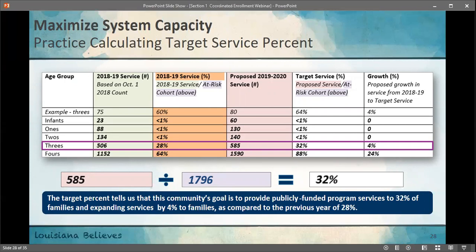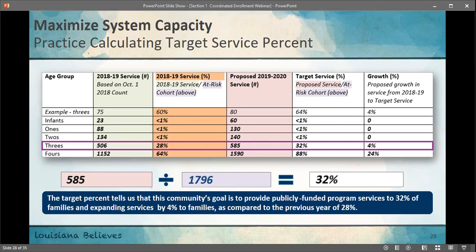Once through the planning process you have identified that number, you take this number. So say we're working with the same network and we're just extending that table. We're still working with the 3-year-olds. The number proposed is 585 students to be enrolled for the next upcoming year.